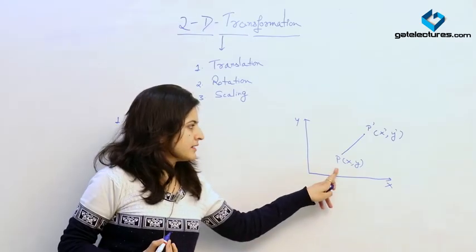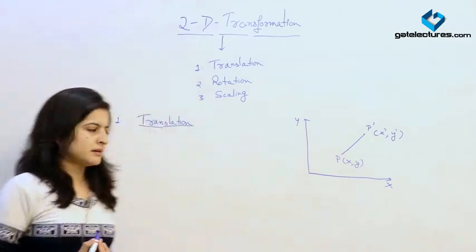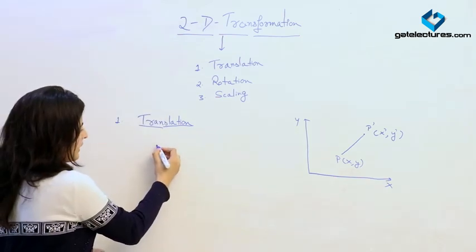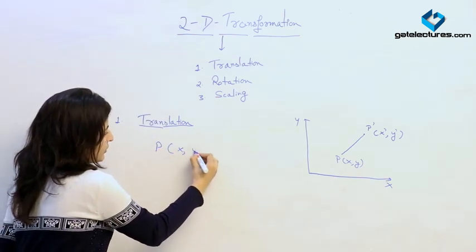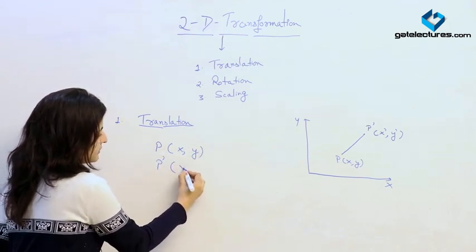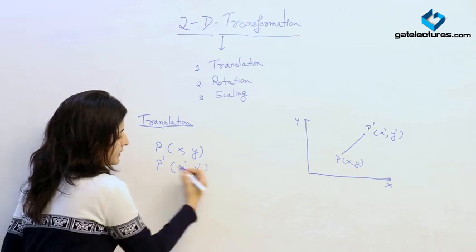So coordinate x is transferred to x dash. This is done by some addition to the x coordinate. We have P, which has coordinates x, y, and we are changing it to P dash, which is x dash and y dash.